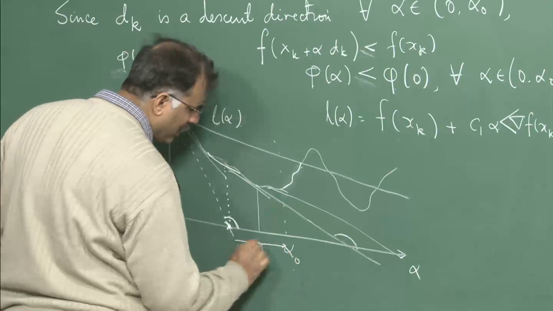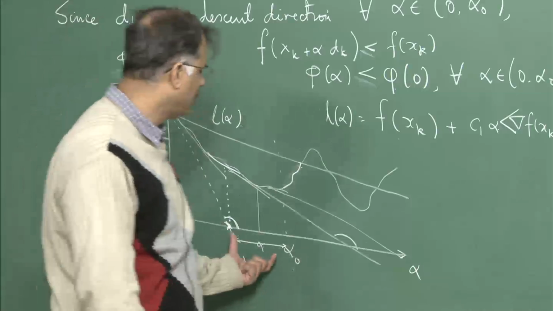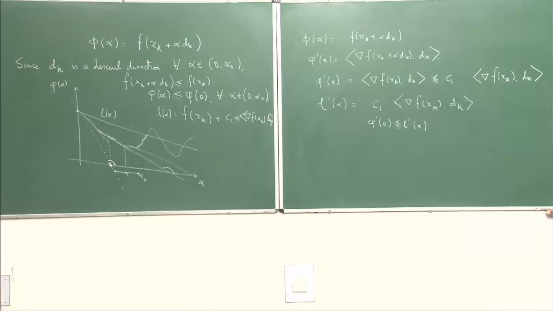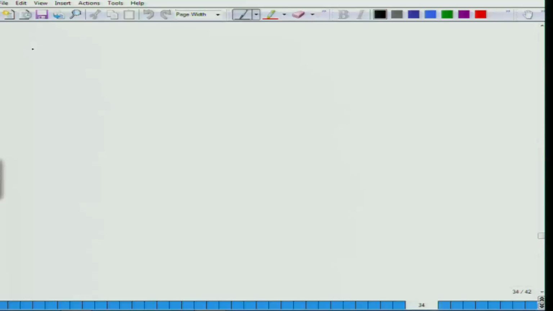So this part is your acceptable alpha. So this is basically the idea of the Wolfe condition, and now we will write down a very fundamental result which says that the Wolfe condition actually gets satisfied for a very simple scenario. So let us write down the result and then we will prove it on the blackboard.